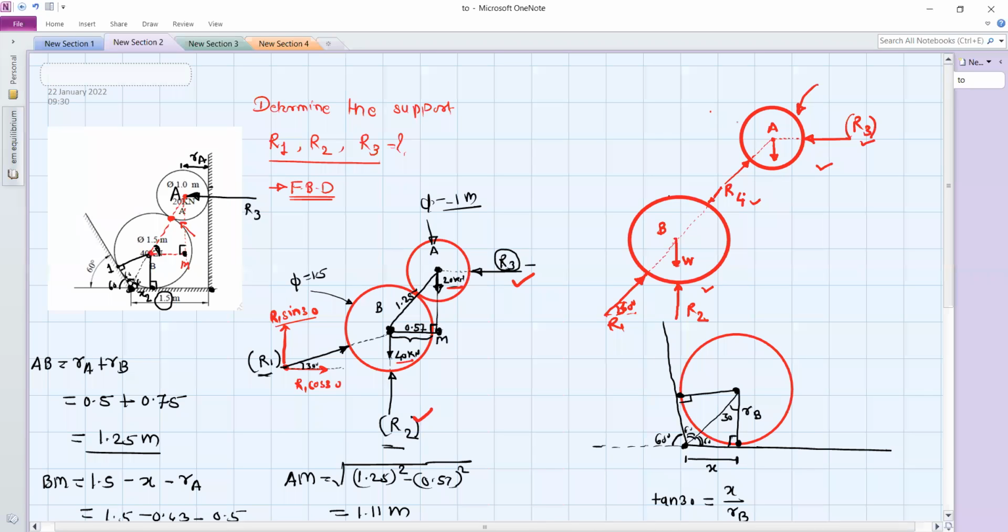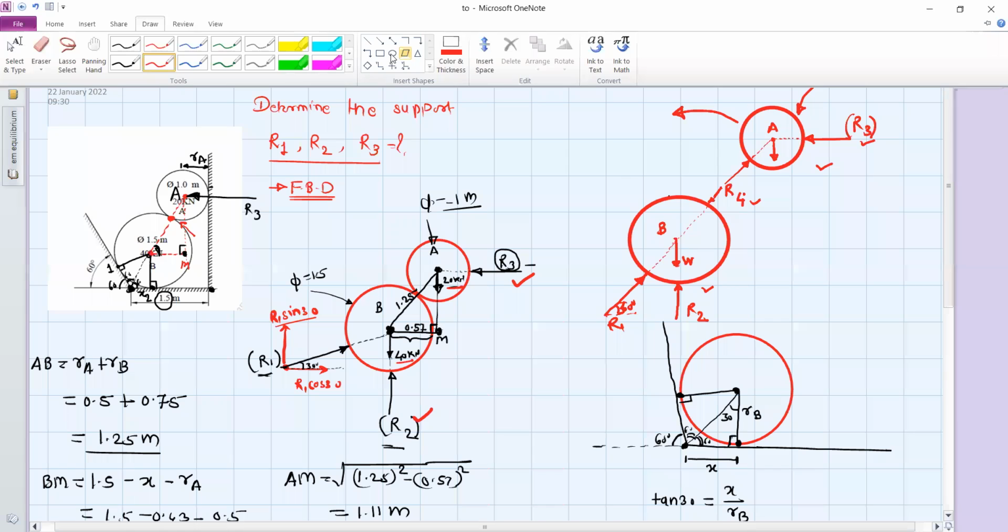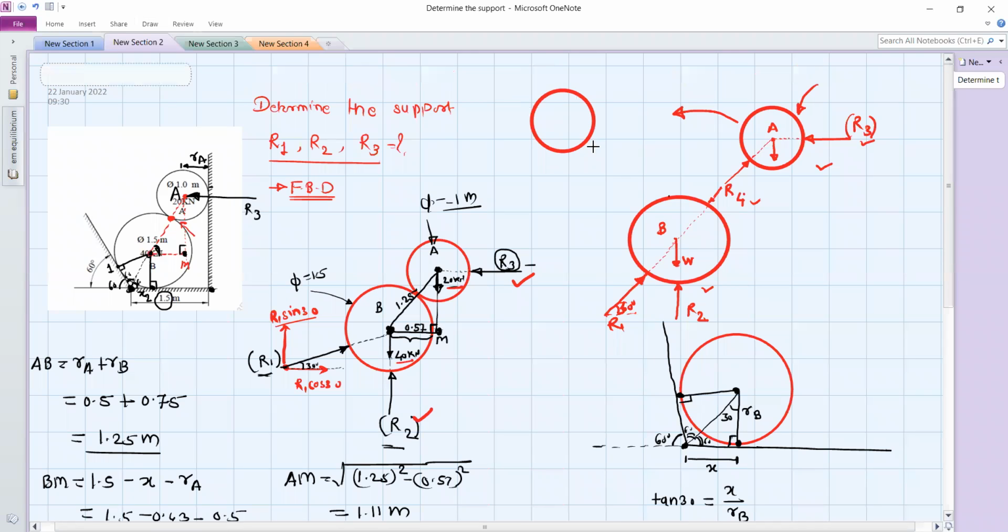Okay. So for Lami's theorem, you can draw this free body diagram like this. So the weight force will act in the downward direction. So this is the W. Reaction R4, you can just show from this point directly to the point A along its line of action. Okay.